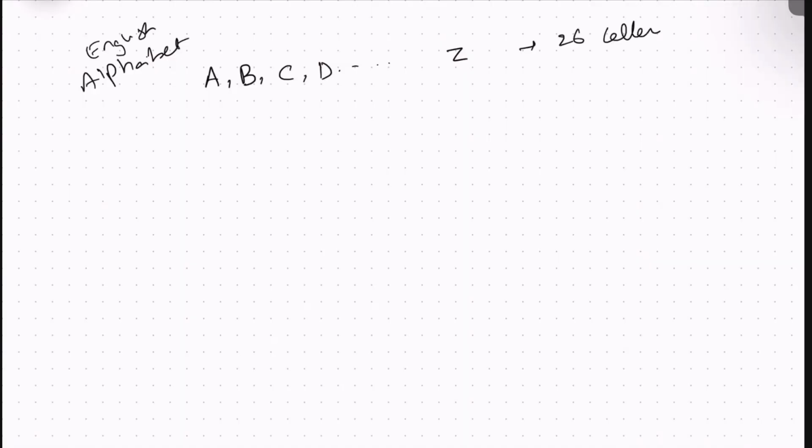How many alphabets are there in English? I think we know, it is 26. The English alphabet has 26 letters.